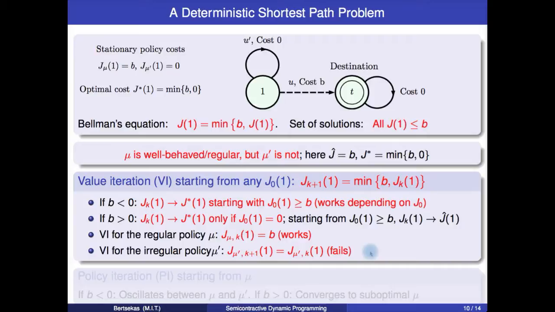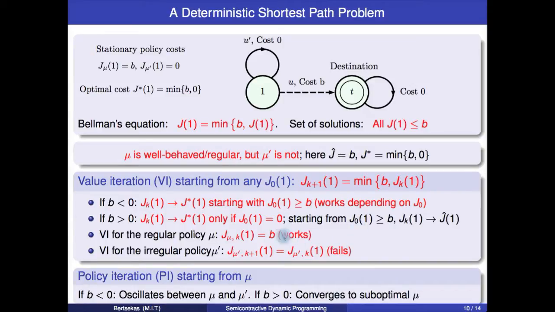So altogether we have an infinity of fixed points, an infinity of solutions of Bellman's equation. Value iteration does somewhat strange things, particularly when it involves irregular policies. If you look at policy iteration, things are not much better.